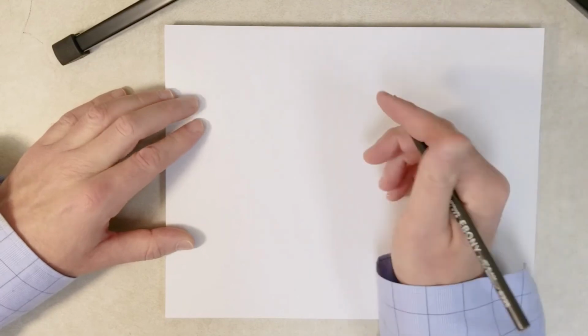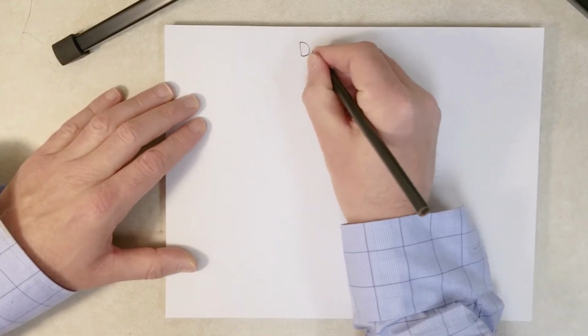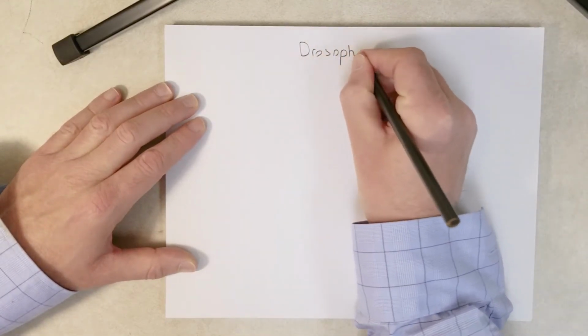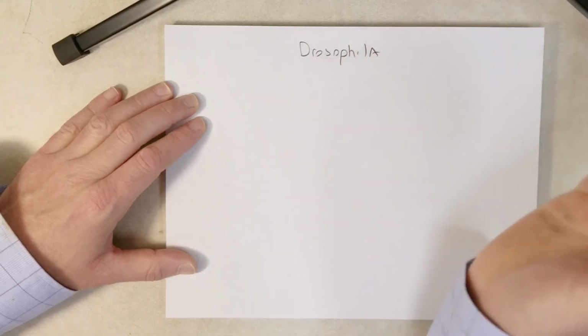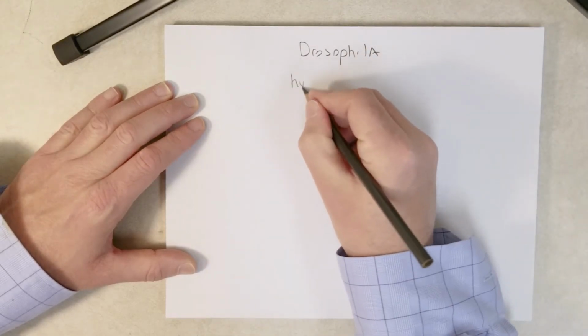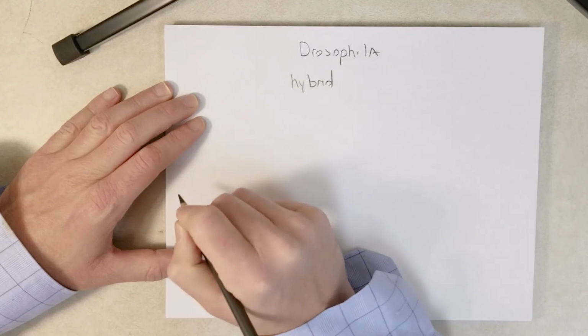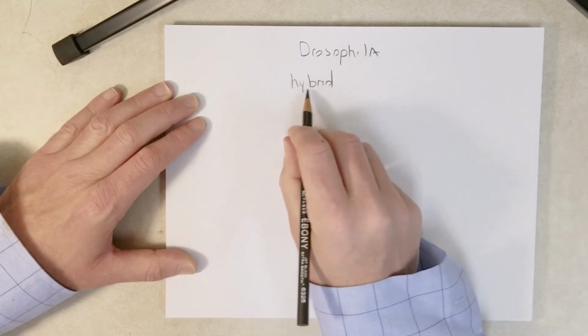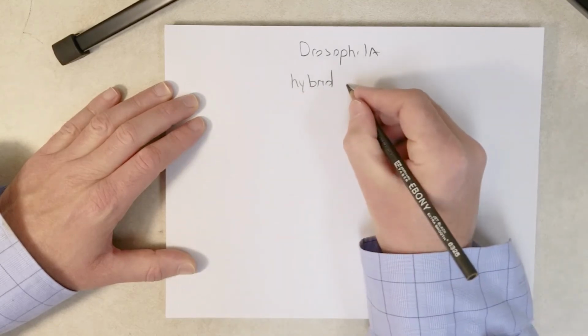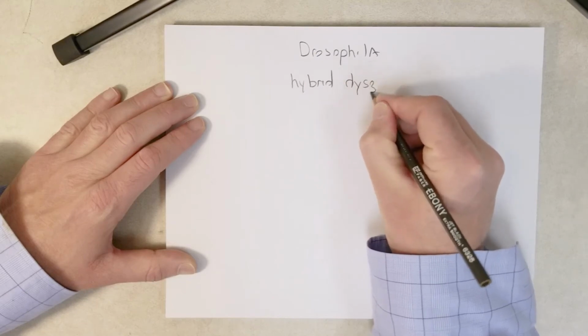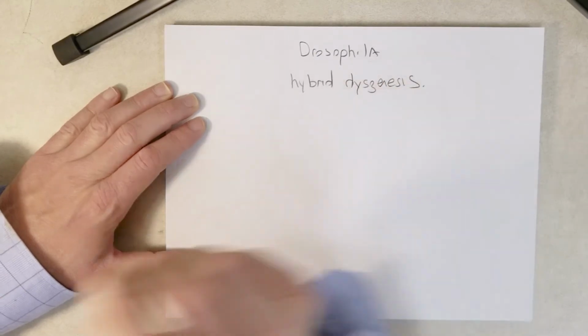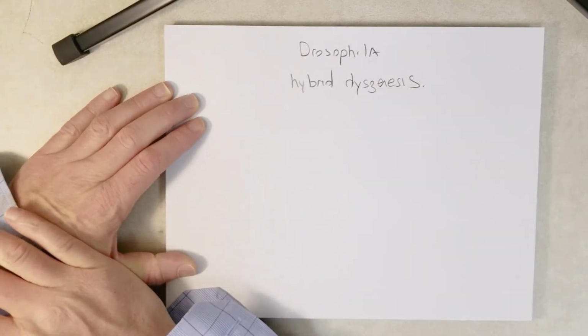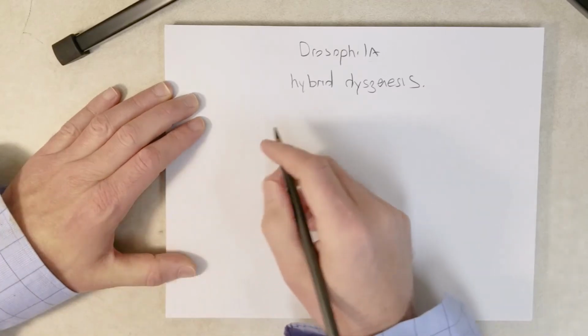So just a little introduction to that. In Drosophila, there is, in other organisms too, but we're talking about P elements in Drosophila, so I'm going to explain this phenomenon called hybrid dysgenesis.